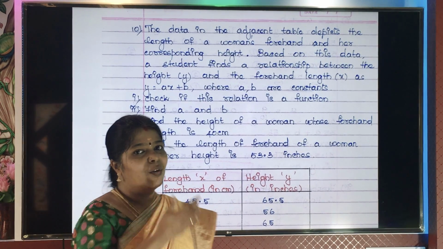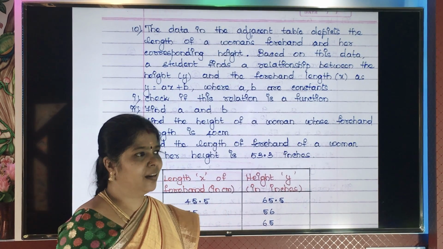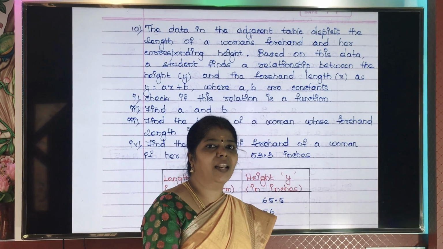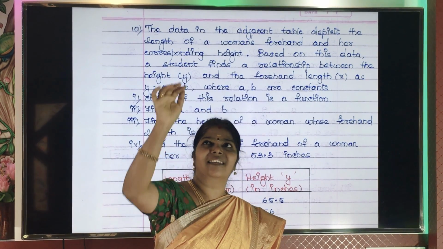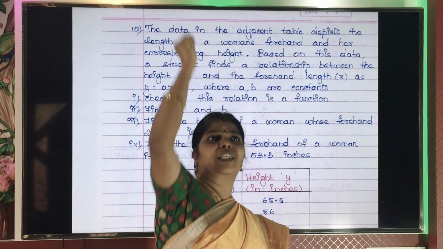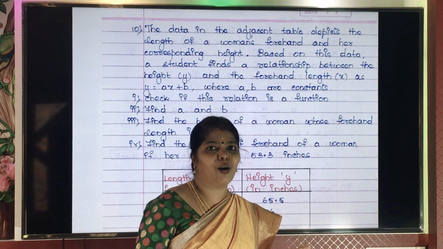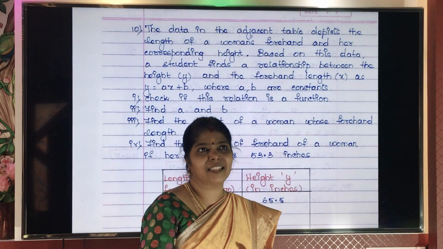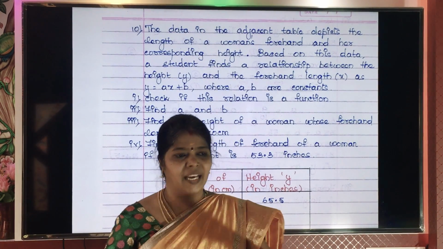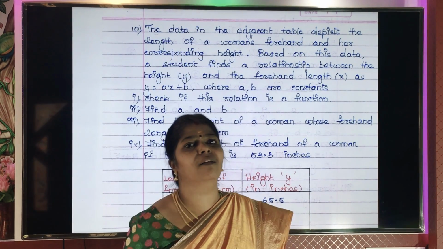Children, have you all seen, not only a woman, even the other gender also, a person who is tall enough, if you want to take something at a good height, simply they will stand and then they will stretch out and get the object. But a person like me who is short, if we need to take something which is on the top, what we will do? We need to find a chair or a table or something. We need to climb up and then we need to take that object.